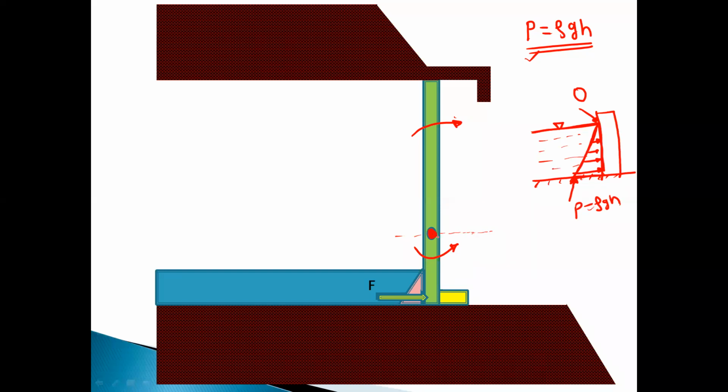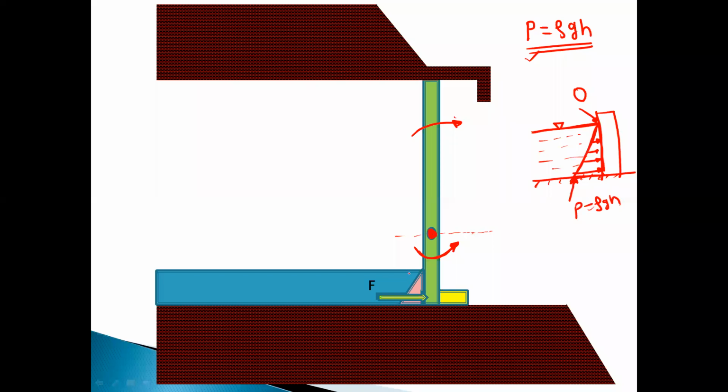So when the water level is below this point, the net force due to this water height will act like this and it will create the moment in this direction. Okay. So this stopper will restrict the moment. So the gate will remain in the closed condition.